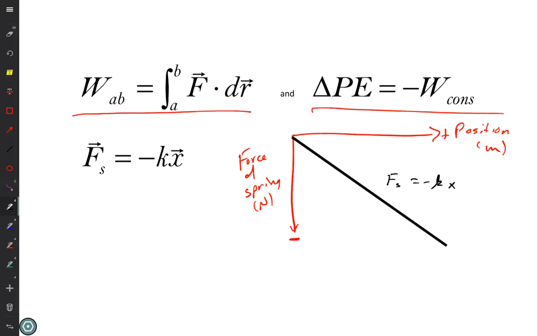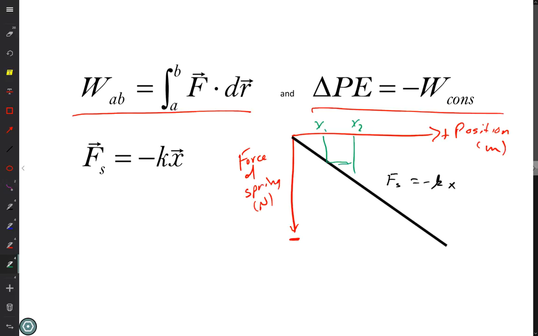The area. The area under the line. Well, in this case, the line is below 0, so the area is negative. But if we calculate the area, so if I go from here to here, from x1 to x2, then the work done by the spring is going to be the area I get for this.